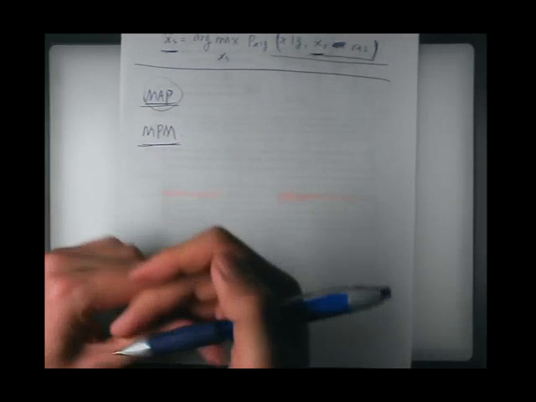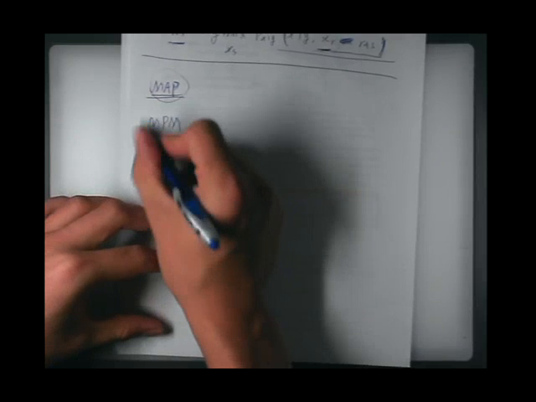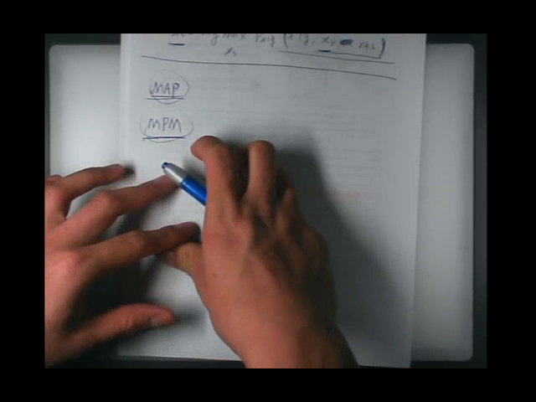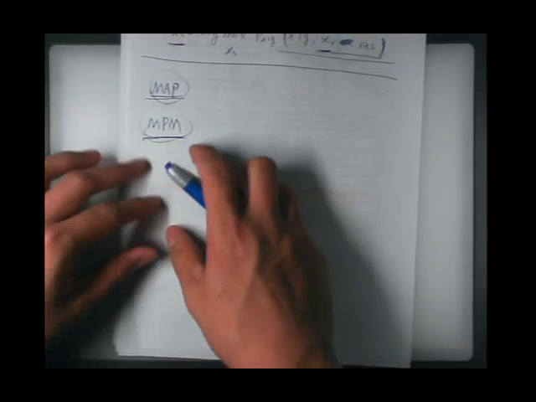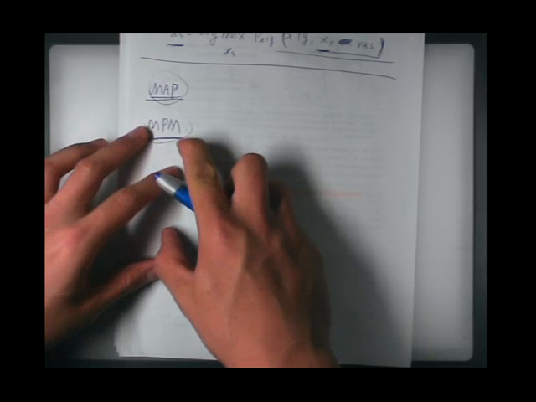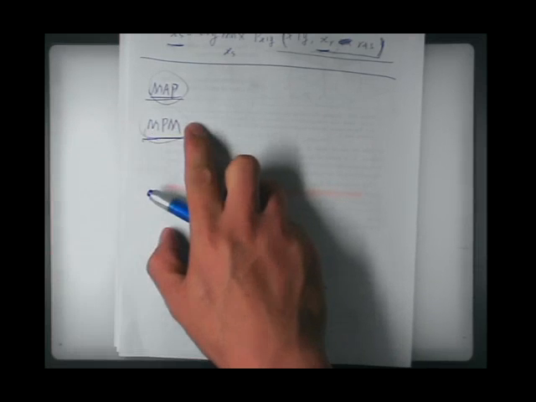But we have another method called simulated annealing to deal with this. The MPM does not have the same issue as MAP, but MPM suffers from high computational cost. Therefore, we use a sampling method to deal with this disadvantage of MPM.